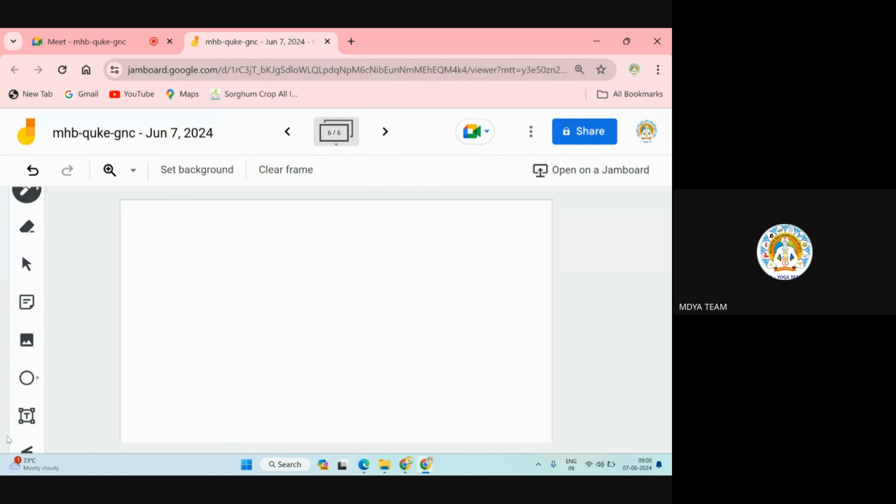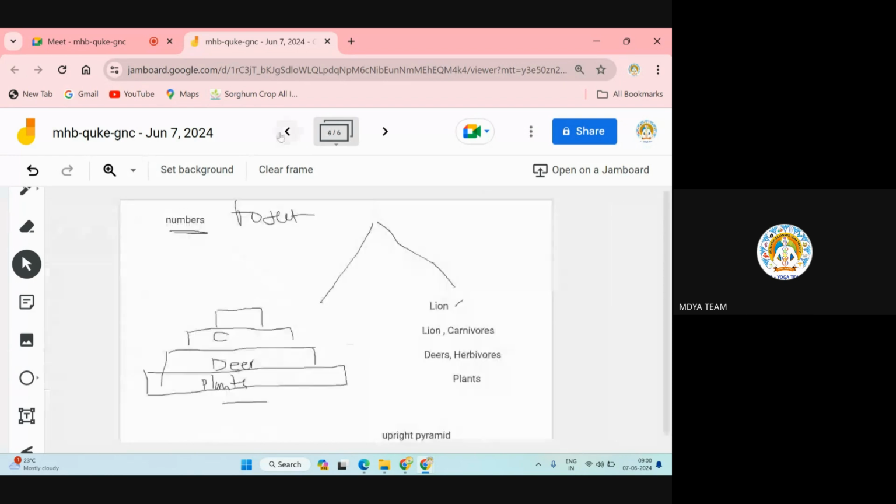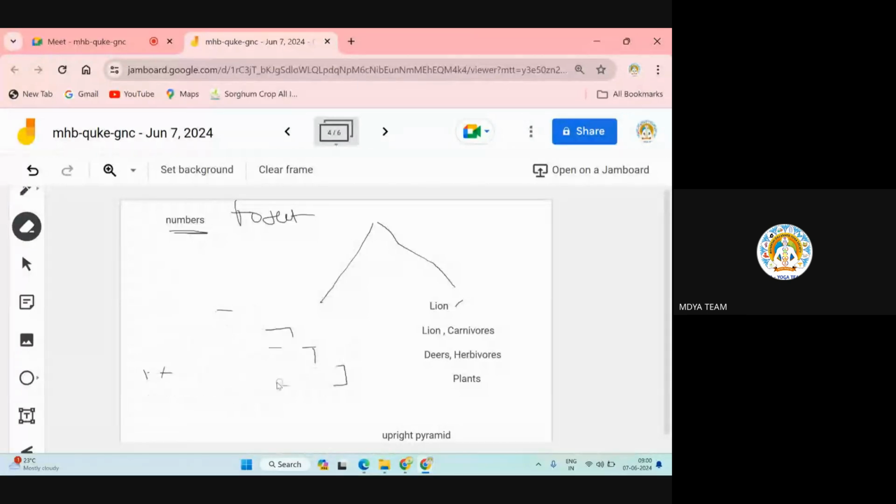Okay. Next, pyramid of energy. Sorry, pyramid of biomass. Biomass means weight. In a trophic level, how much kg of weight is there? So who among these organisms will have maximum weight?